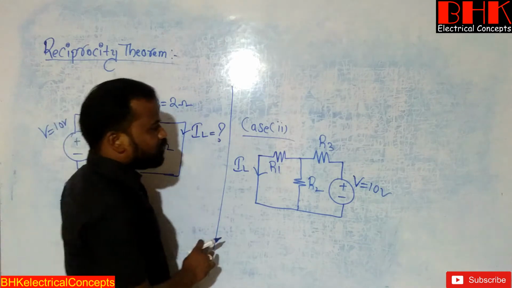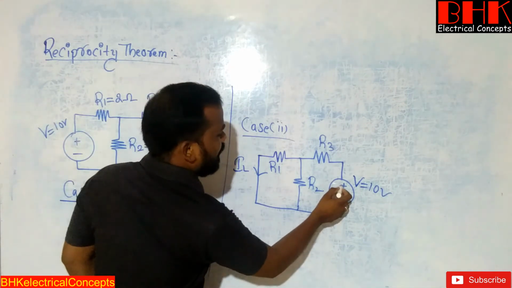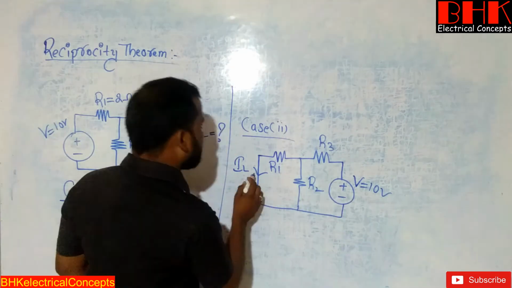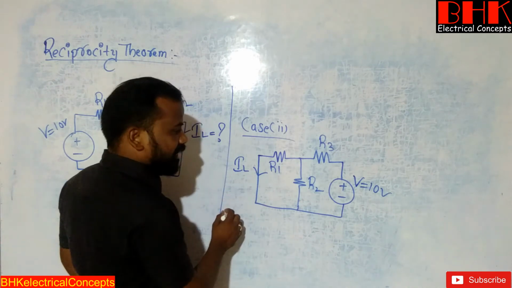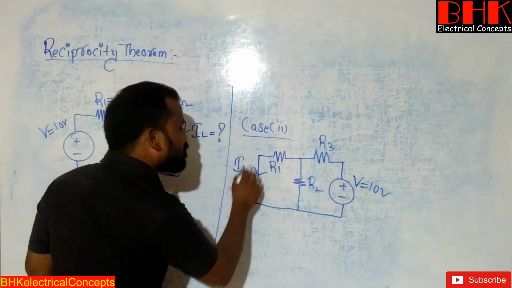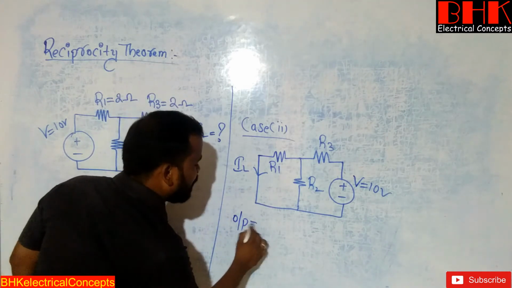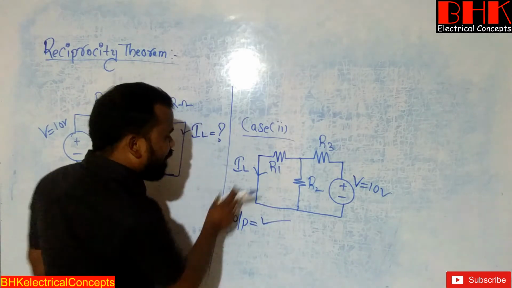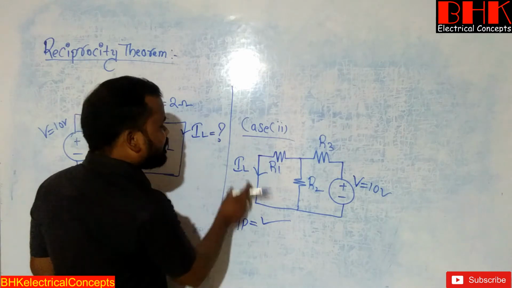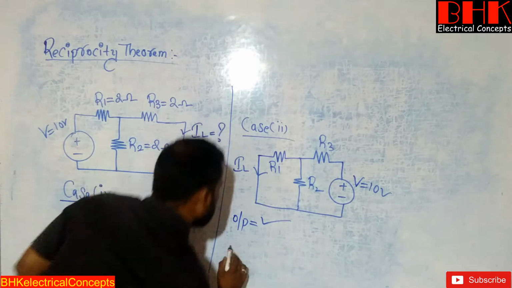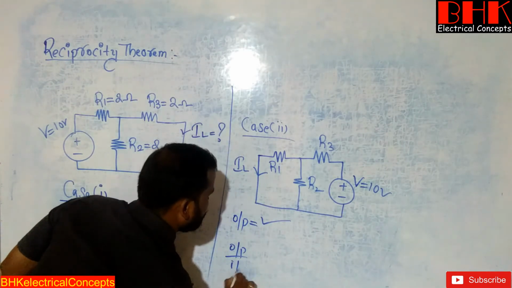Now in case number 2, we apply the voltage on the right side and get the output on the left side. After getting the value of load current here, we again take the ratio of output to input.